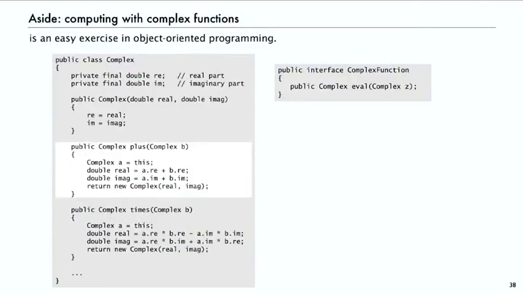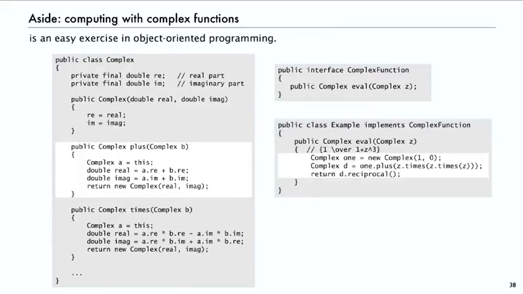It's just something that, given a complex number, evaluates and returns a complex number. And so this is an example of code that implements the complex function 1 over 1 plus z cubed. 1 is a new complex number that's got a real part of 1, imaginary part of 0.